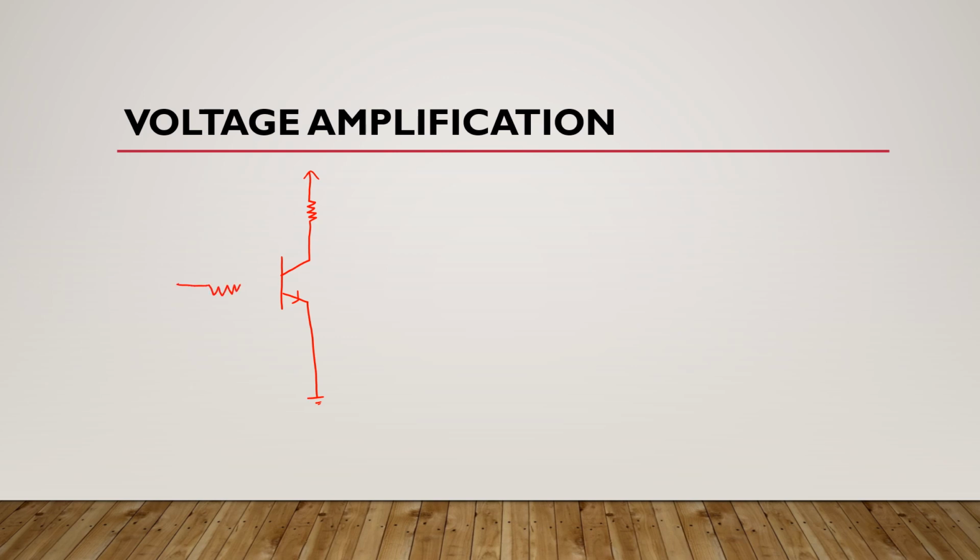Here we have RB, this is RC, here we have VCC, and if we have a DC bias voltage here, which is VBB, and we have an AC voltage here, which is Vi, and this AC voltage is superimposed on this DC bias voltage VBB by capacitive coupling.